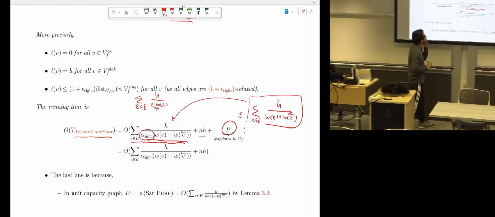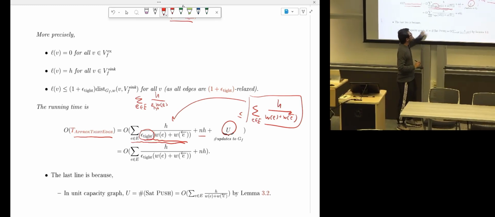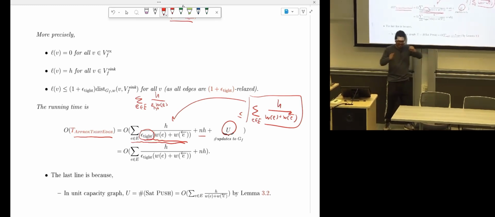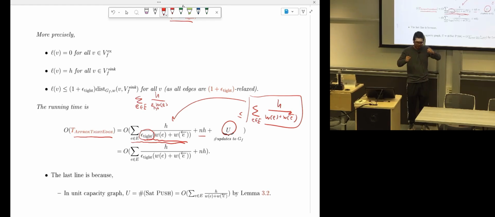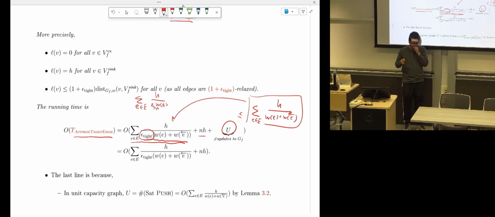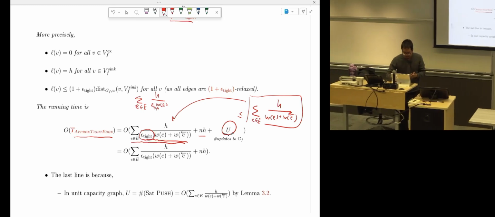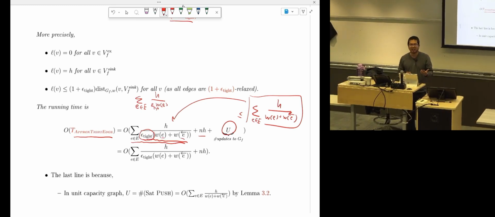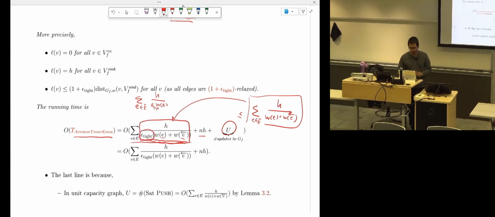But I'll let you think about it. Maybe think about how many times you need to probe both U and U backward. The total time you need to probe them is something like 1 h over this one. That's how you get this.